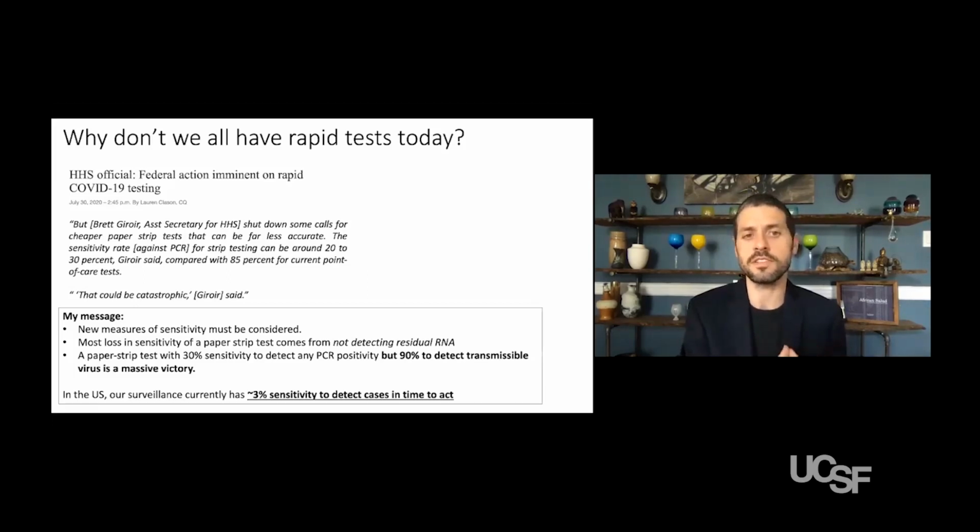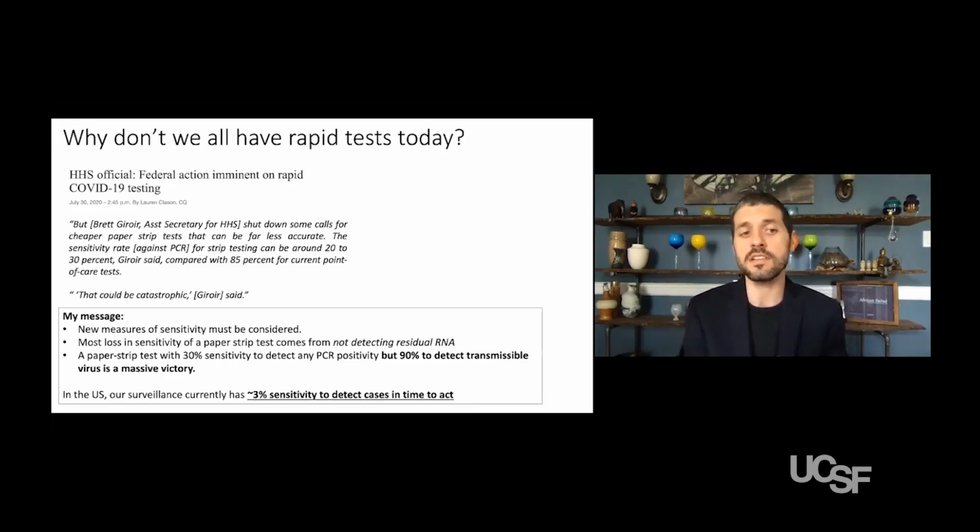Brett Giroir recently said that this would be catastrophic if we release tests that had only 30% the sensitivity of PCR. But again, with PCR, the majority of cases that we're finding are past the period of transmissibility, and most likely these rapid daily tests will be much more sensitive than that to detect people when they are transmitting virus.